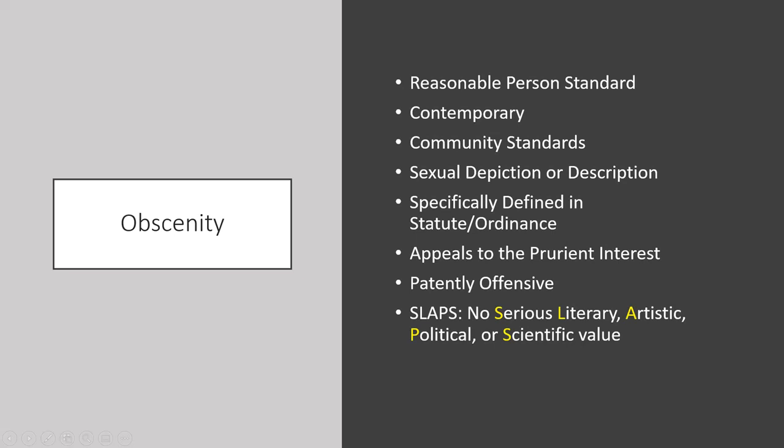The prosecutor would have to show that the material has no serious literary, artistic, political, or scientific value. You need to think about all those words: literary, literature, artistic, obviously, art. Political or scientific value, right? If something is kind of gross and sexual and goes beyond the pale, but it's said in a political context, then you fail the SLAPS test, right?